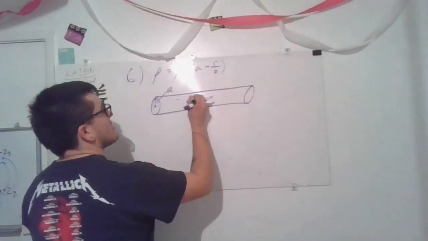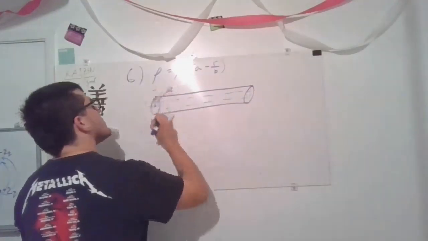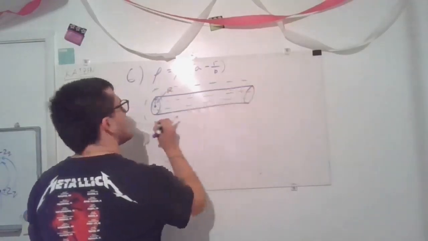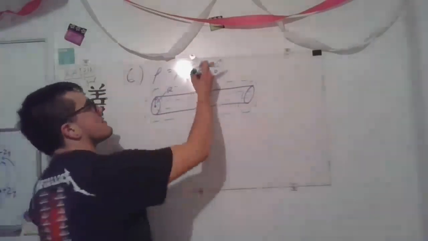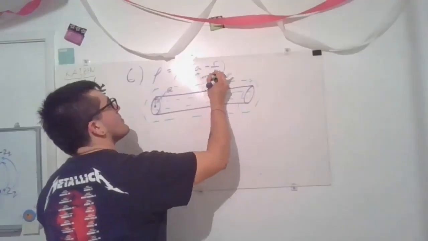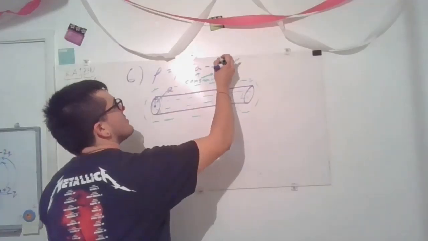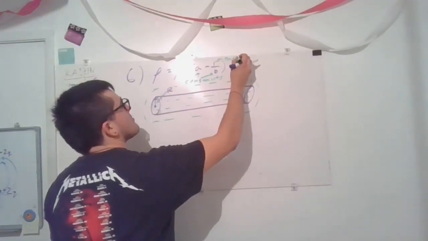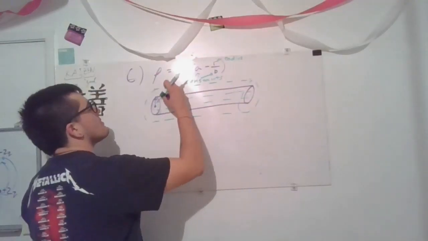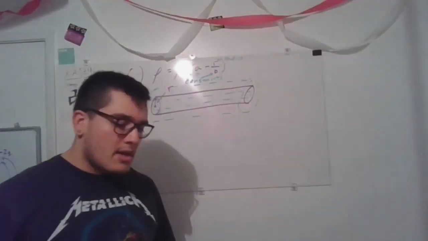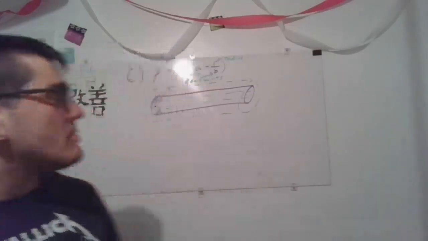Again, like I always tell you guys, draw your Gaussian surfaces. Here, A and B are constants, and this is the radius. They want to just know what's the electric field inside the cylinder and what's the electric field outside the cylinder. Pretty straightforward.